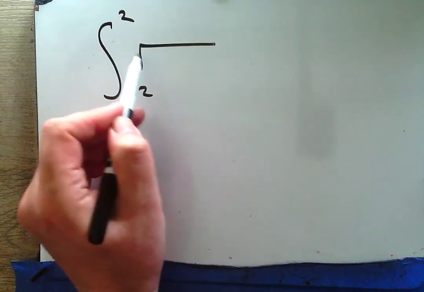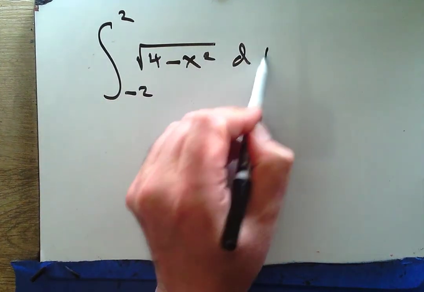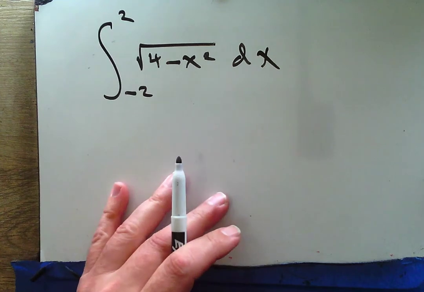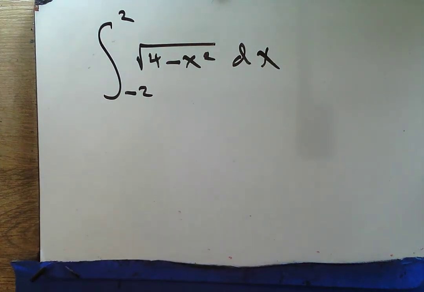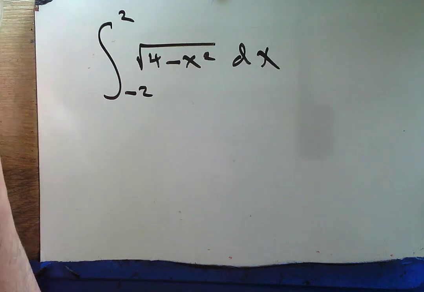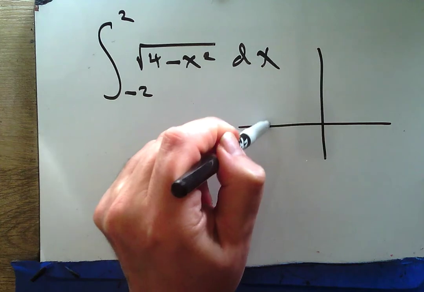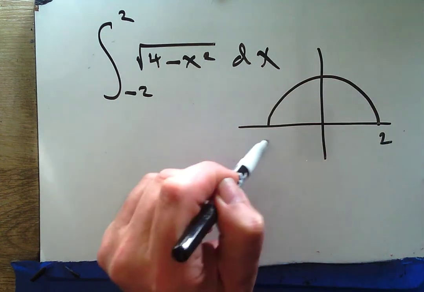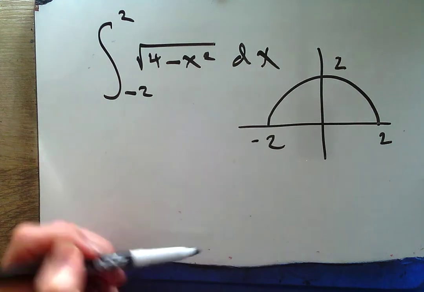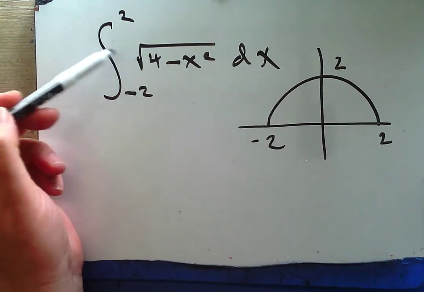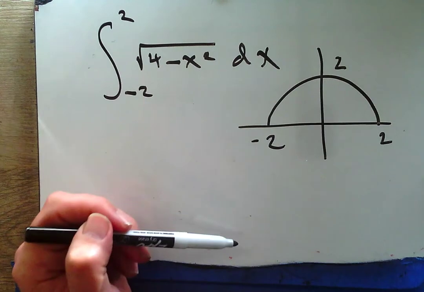How about this one? How about the integral from -2 to 2 of the square root of 4 minus x squared dx? Yep. You know what that is, or you're really supposed to know what that is. How else can you appeal to the geometry of the situation? So, for those of you who didn't recognize it, this is a semicircle. It's only the top part of the circle because we only have the plus. If we had the minus, it would be the bottom part.